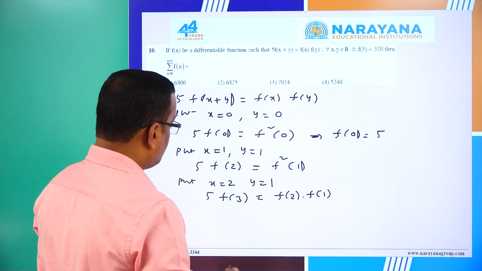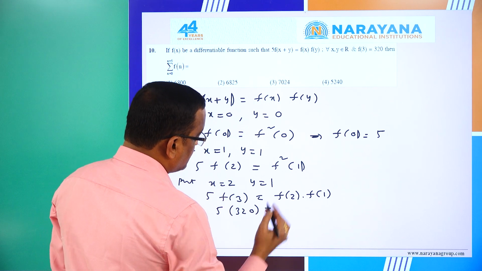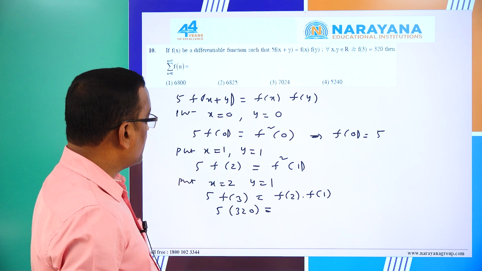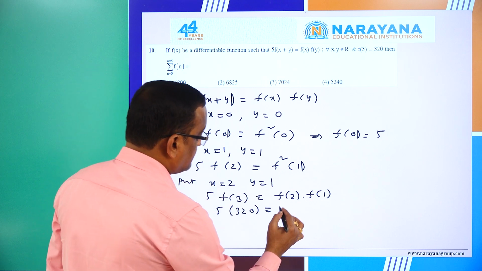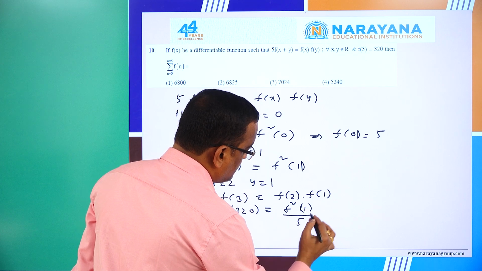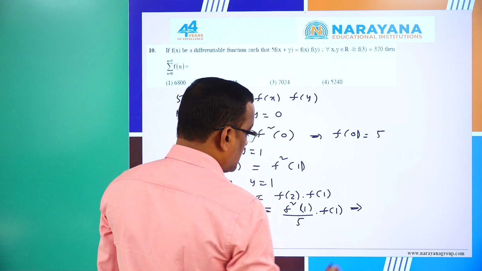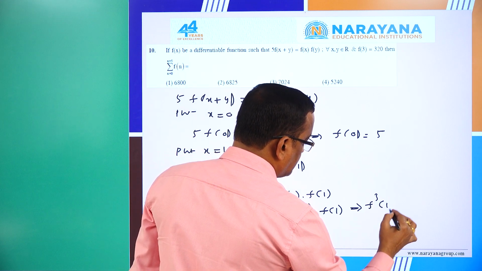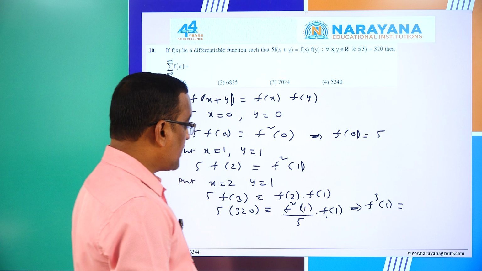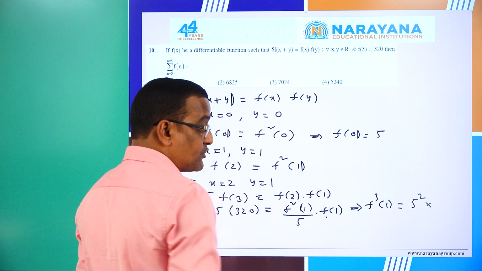Given f of 3 is 320, so 5 into 320 is equal to, from this relation f of 2 is f square 1 by 5, f square 1 by 5 into f of 1. This gives f cube 1, f square 1 into f of 1 is f cube 1, is equal to 5 square into 320. 320 you can write as 64 into 5.